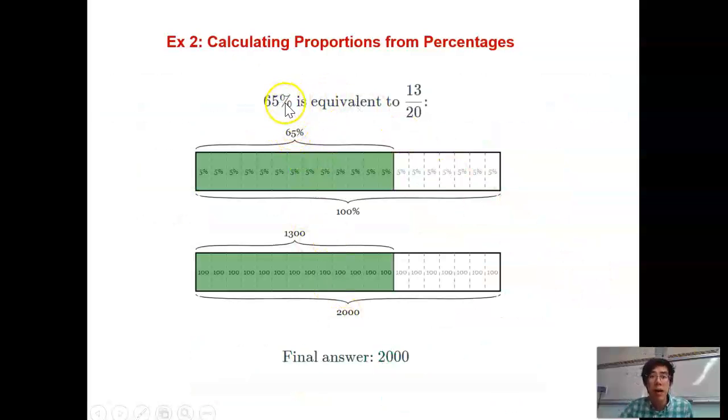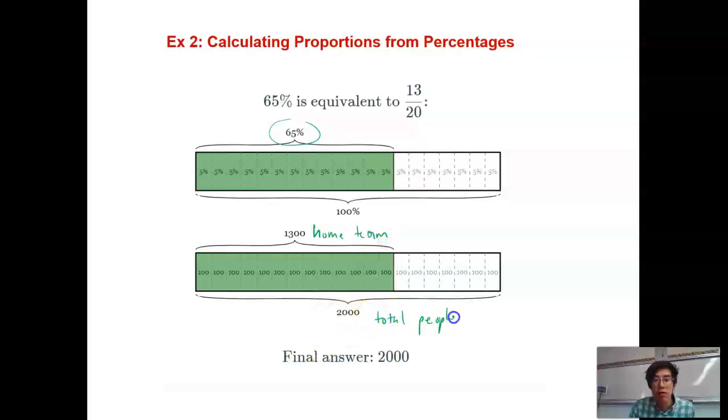So 65% is equivalent to 13 over 20. So if I had 100%, right, 65% is only within this category. That is the same thing as if I had 1,300 people in the home team, right, out of 2,000 people, which is my total people, right, for all teams.